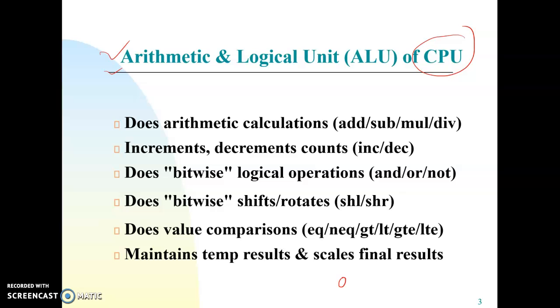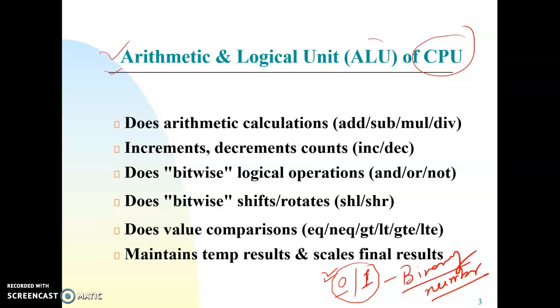So we discussed in week number 1 that a computer system works on binary numbers, that is the 0 and 1 number system. And if you want to perform any operation, you are going to perform the operation using the binary bits.